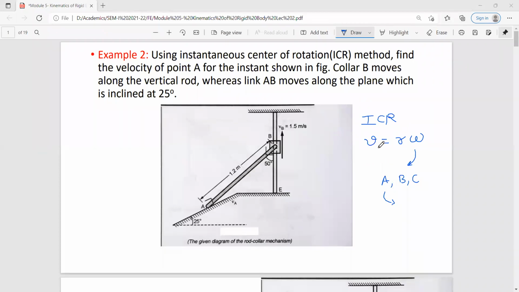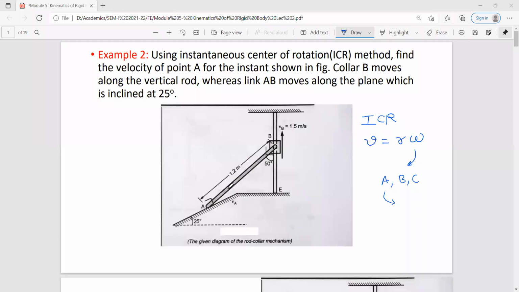so see, what I was telling you, that as far as angular velocity is concerned, all the points on the same link will have the same angular velocity. For example, you see this rod AB.